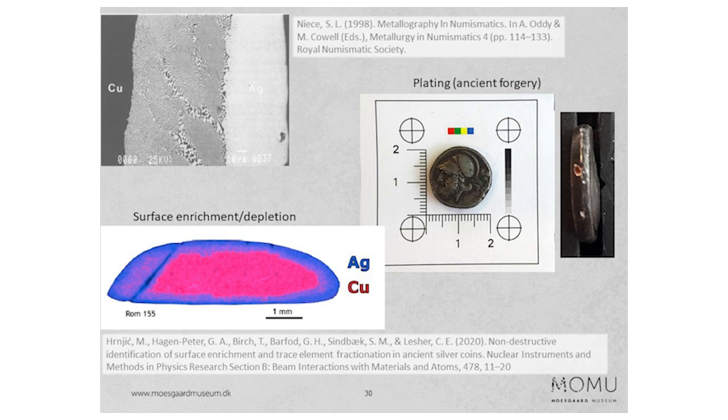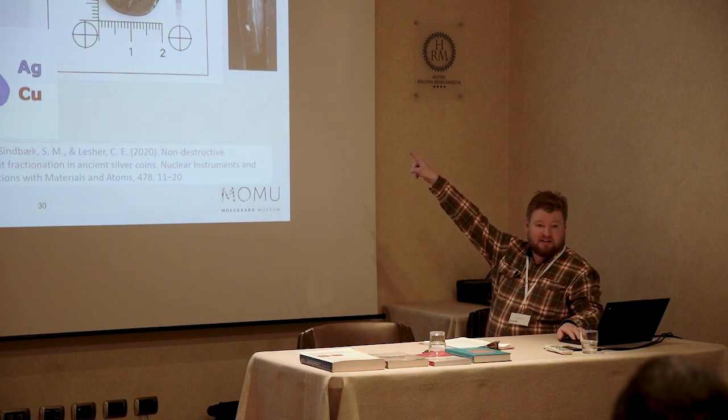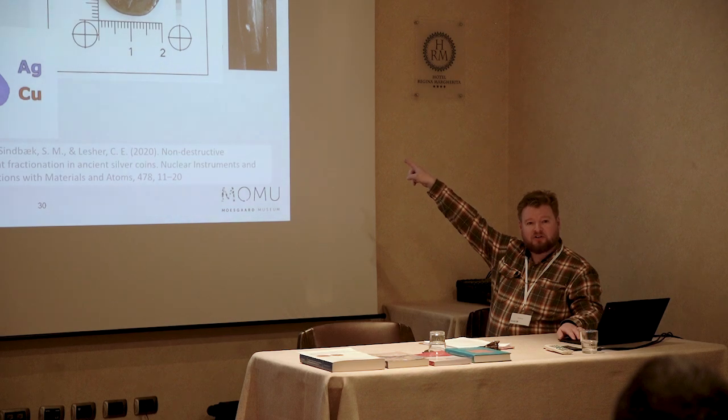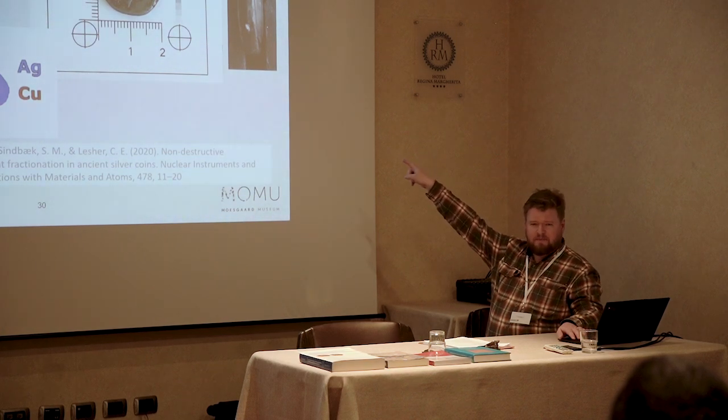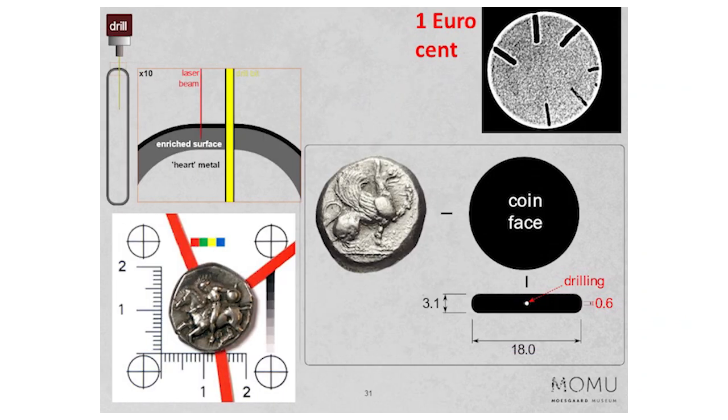So what we do is micro drilling. You can see here, that's actually a copper coin with an artificial silver surface attached. It's an old, original counterfeit, so to speak. But as opposed to lasering, we will drill into the coin using tiny bits. I have a coin with me.